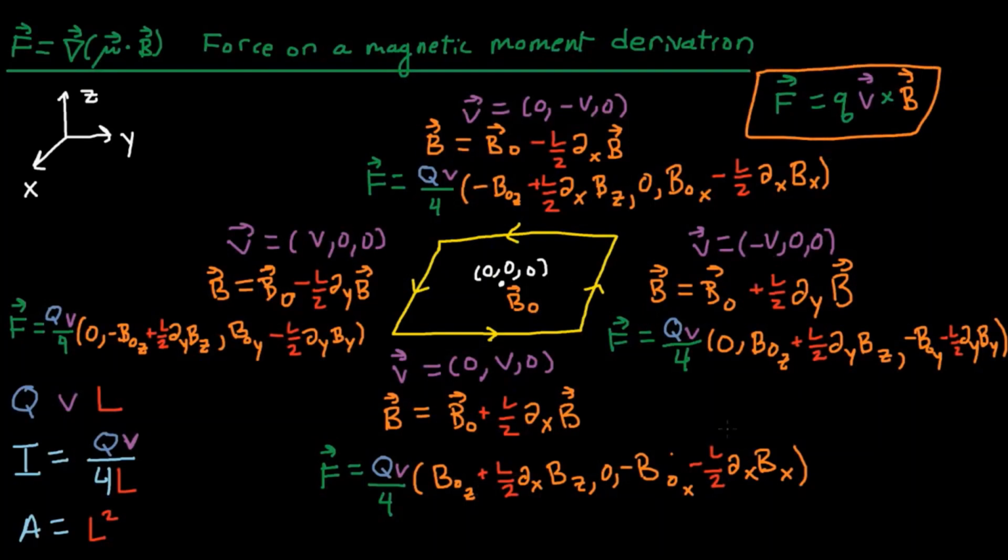We just have to use the cross product formula. I have it up here, so if you want to do it yourself, you can check against my work here. It just takes a little bit of time, but there's nothing hard about it.